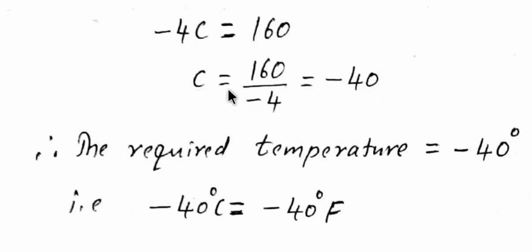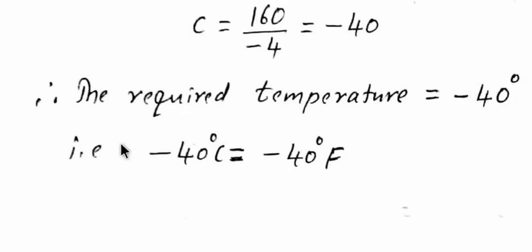Therefore, the Celsius value or the temperature is minus 40. It means minus 40 degree Celsius is equal to minus 40 degree Fahrenheit. So at minus 40 degrees, Celsius and Fahrenheit are equal.